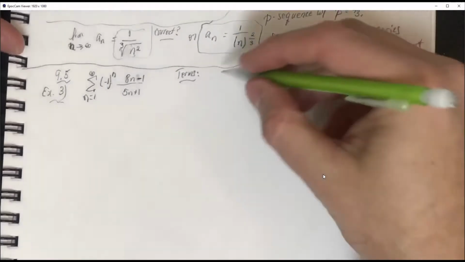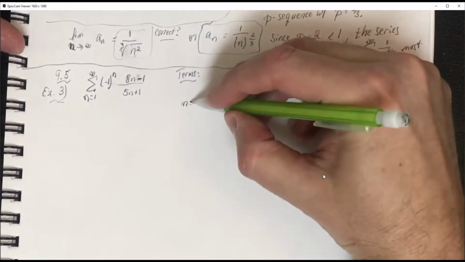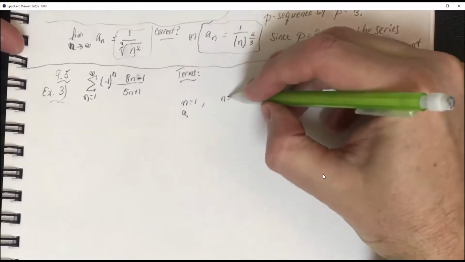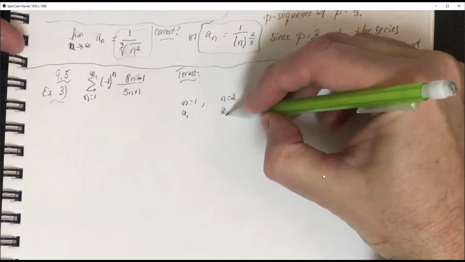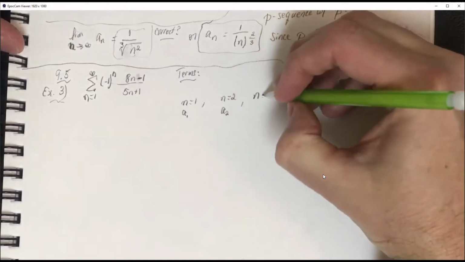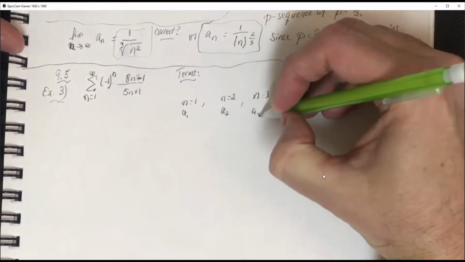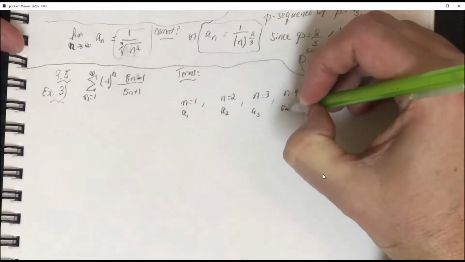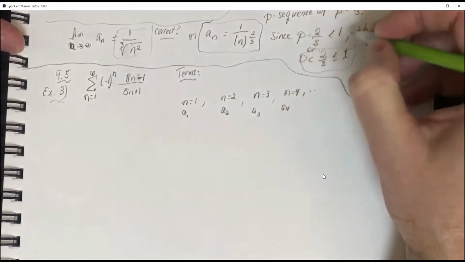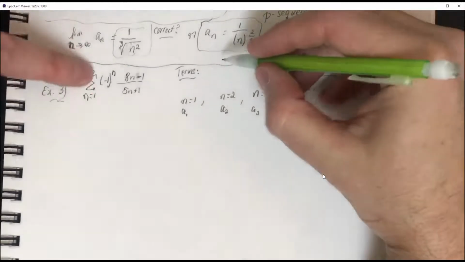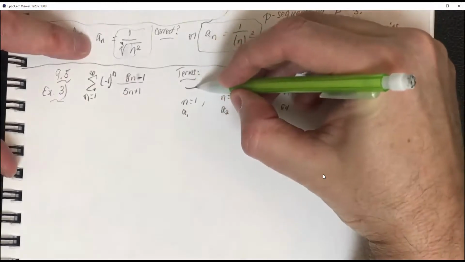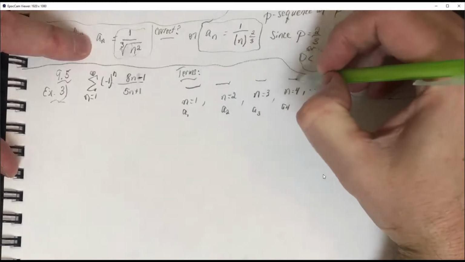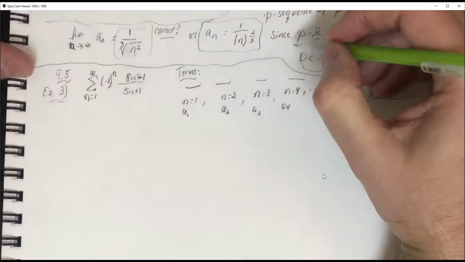Okay, so at n equals 1, and forever, and these are fractional because the formula has a fraction bar.